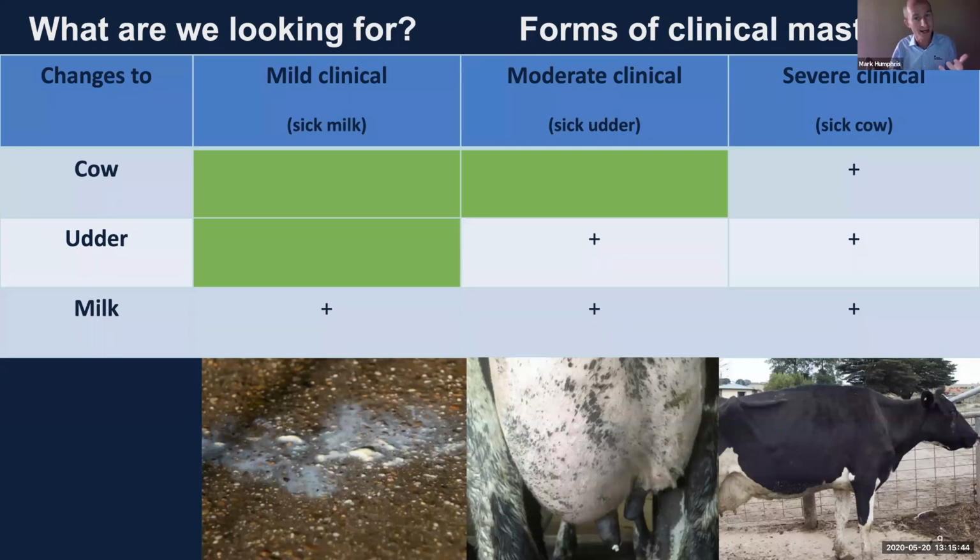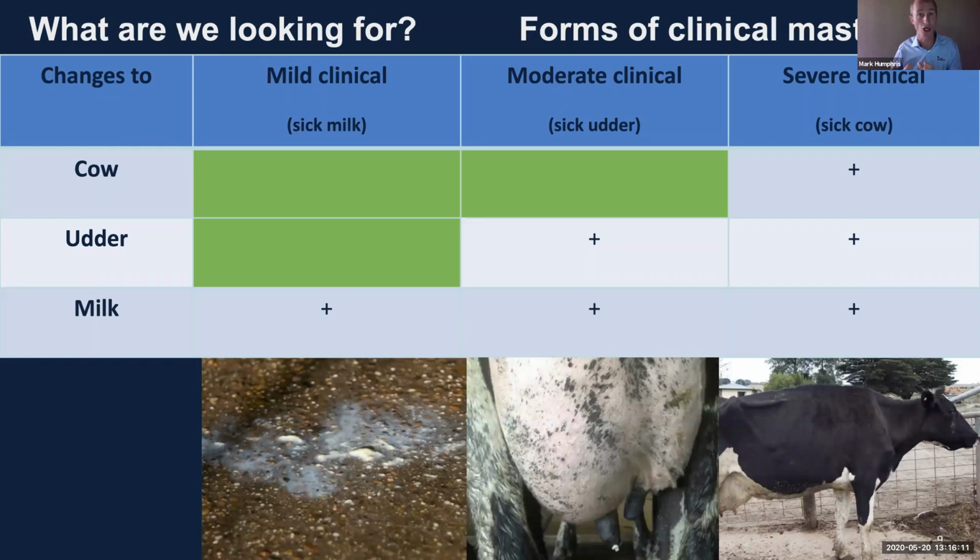So for some farms, whether a cow presents as mild, moderate or severe will affect the treatment that is offered to that cow. So firstly, with mild clinical mastitis, where it is just the milk, the Countdown definition is clots or discoloured milk that persist for more than 3 squirts.